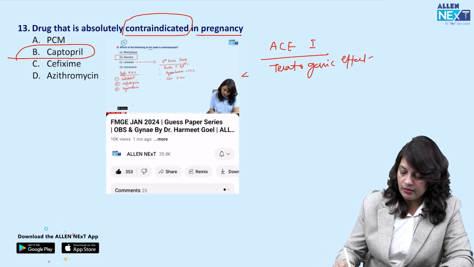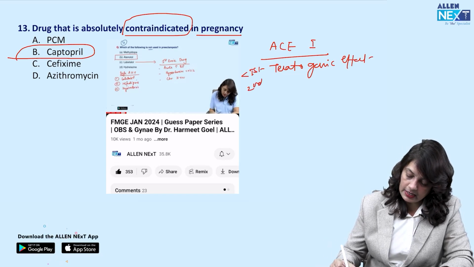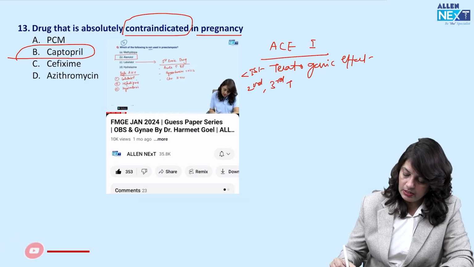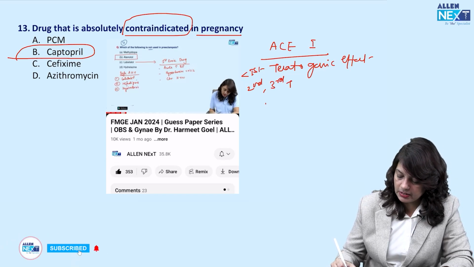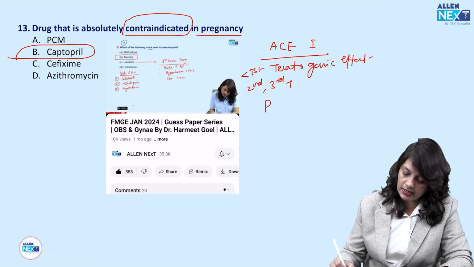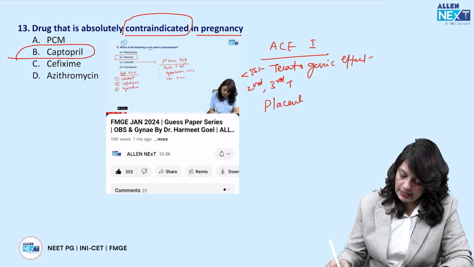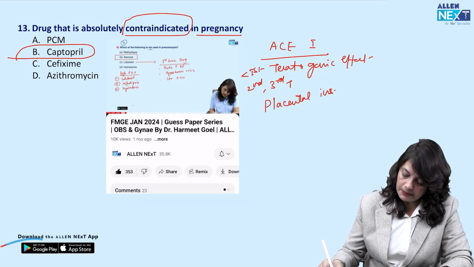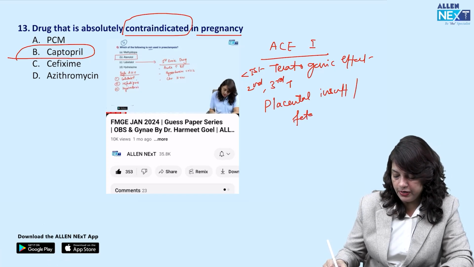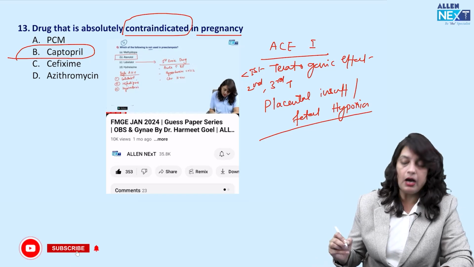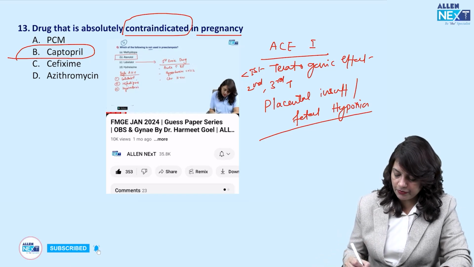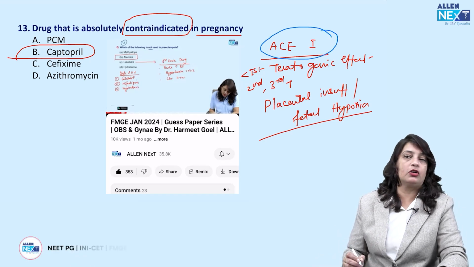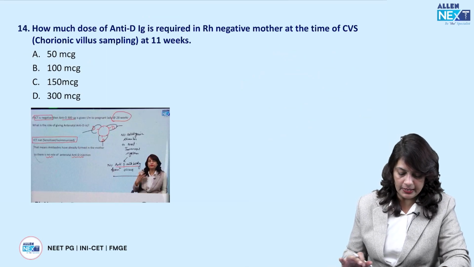If given in the 2nd or 3rd trimester, the ACE inhibitors, that is angiotensin converting enzyme inhibitors, cause placental insufficiency or fetal hypoxia. So it is not preferred in the 1st, 2nd or 3rd trimesters of pregnancy.